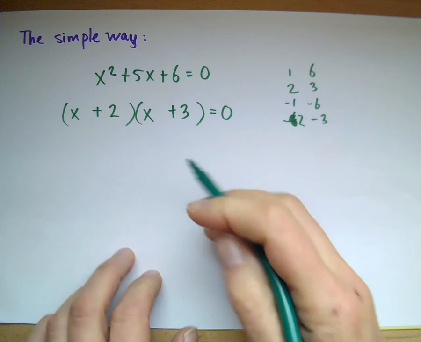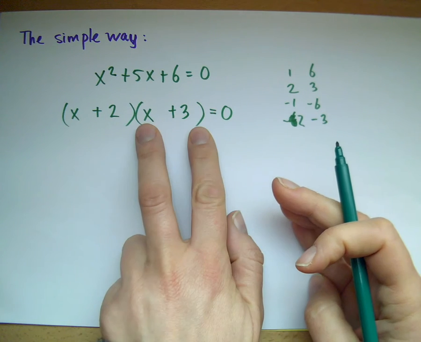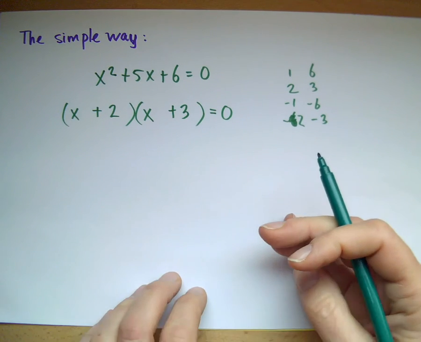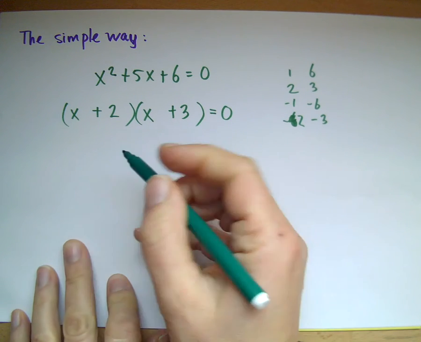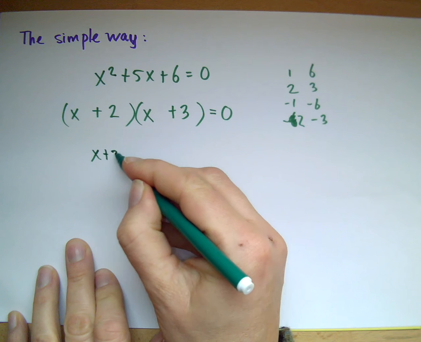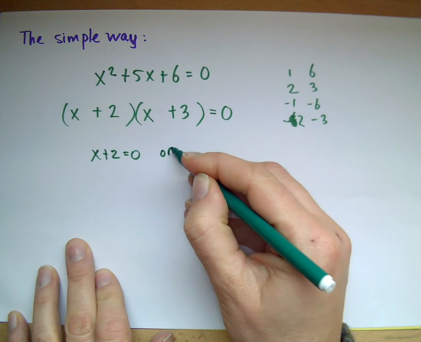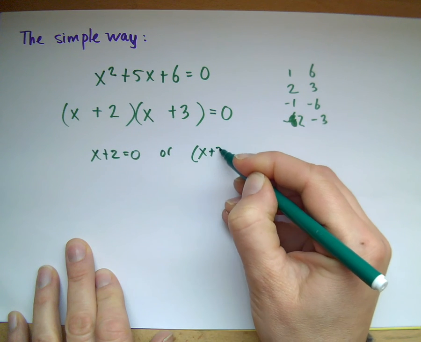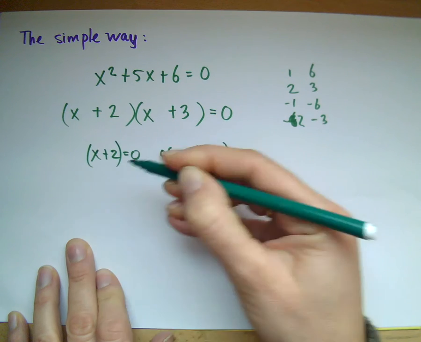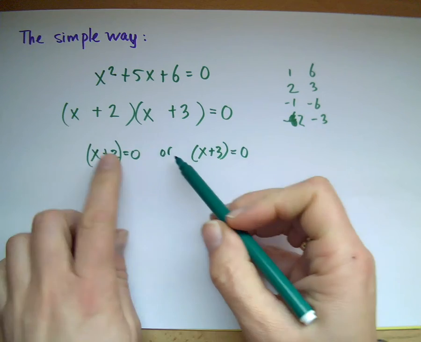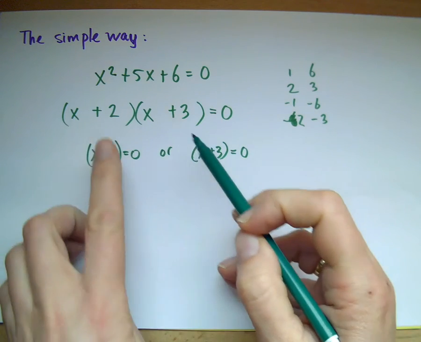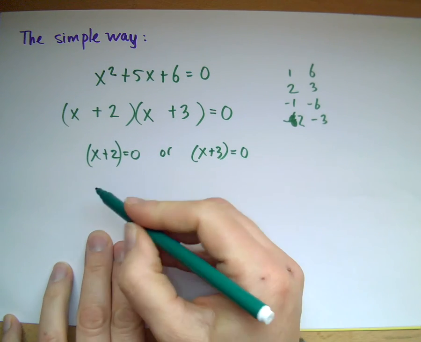Now, this factor or this factor is going to have to be equal to 0, otherwise we would never get 0 as the product. So either x plus 2 is 0 or x plus 3 is 0. You don't actually need the parentheses, but just to make it look like that, I like doing this.